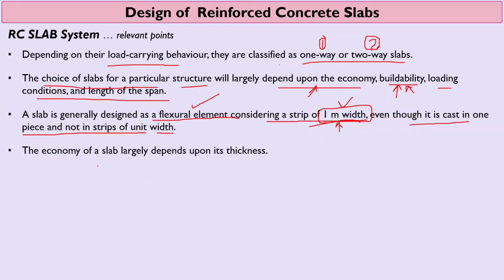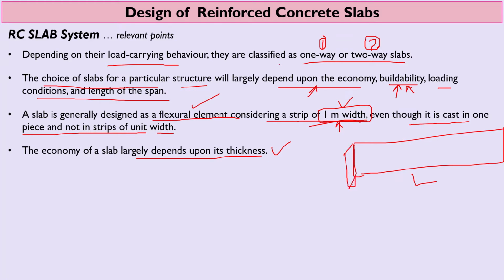The economy of slabs largely depends upon the thickness, because any slab may have a huge length of span, and ultimately the depth of the slab will directly influence the volume of the slab.